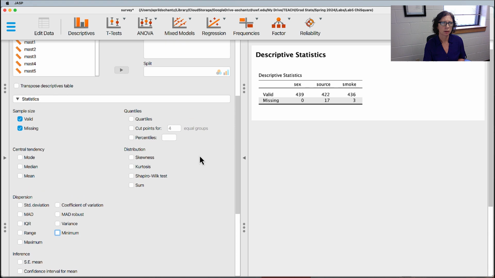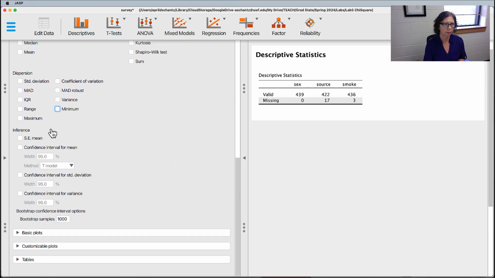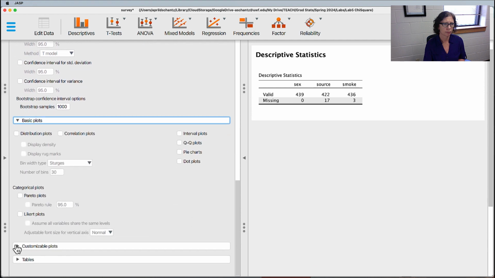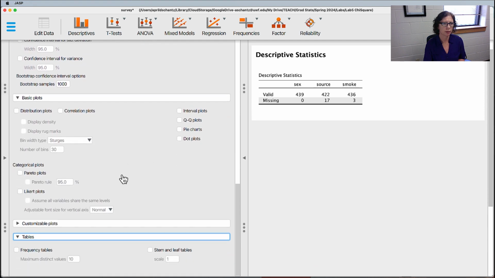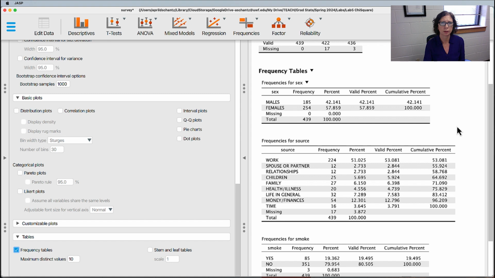But then we're going to also want a frequency table here. There we go, in tables at the bottom. So frequency tables, now we have that descriptive information that we're used to. How many males, what percent of the whole do they represent? And if we're looking at just the ones who reported, we would look in the valid percent column.